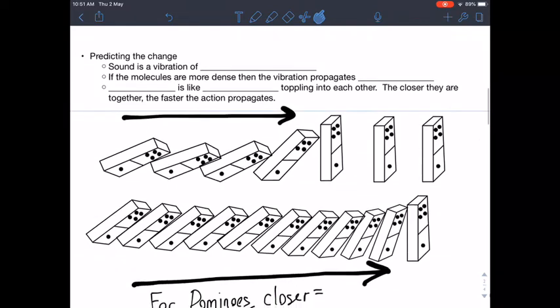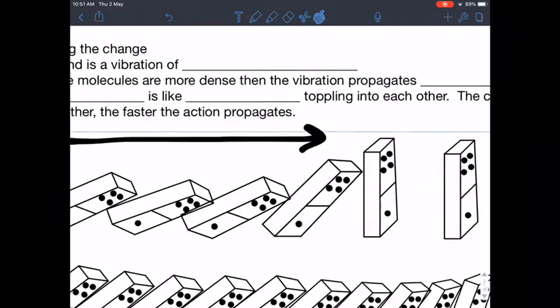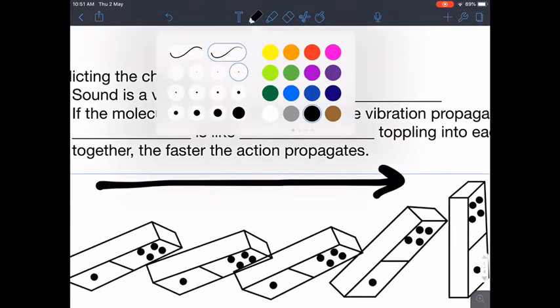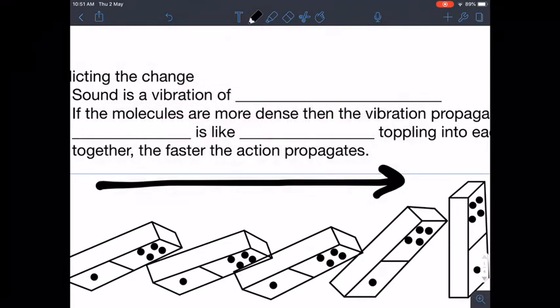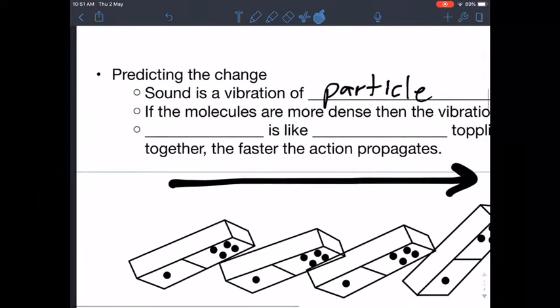Okay. Now, in order to predict the change when a wave moves from one medium into the other, we need to think about what kind of wave we're talking about. So when we think about sound, we need to remember that sound is a vibration of particles. It might be air, it might be water, it might be a solid.